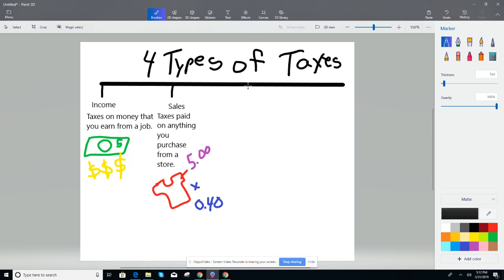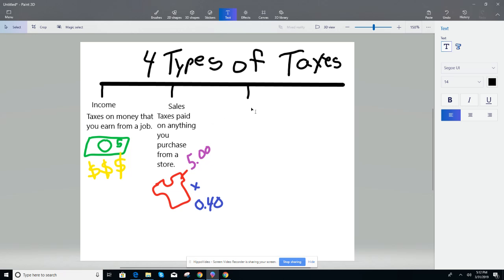The third type of tax is not everybody pays it, because it is a property tax. And a property tax is taxes paid on property, such as houses, land, buildings, cars, things of that nature.